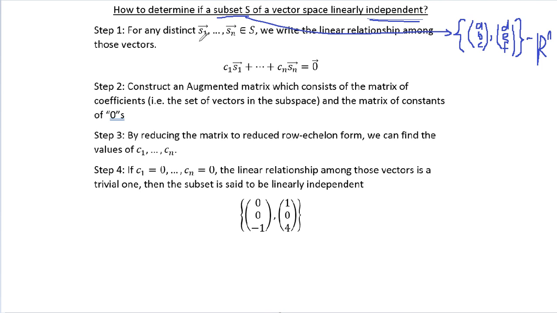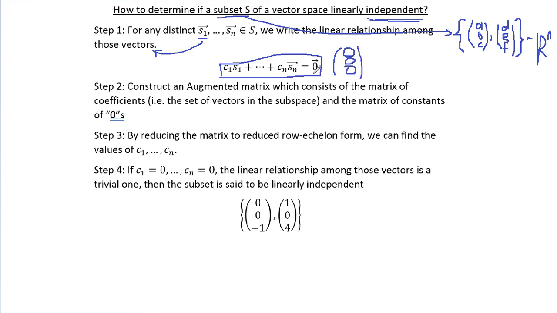So for any distinct S1 to Sn, where S1 is your vectors, we can write the linear relationship in this form, where 0 will be my zero vector. It depends: if you have a vector of 3 rows, 1 column, you will write it in this form: 0, 0, 0.